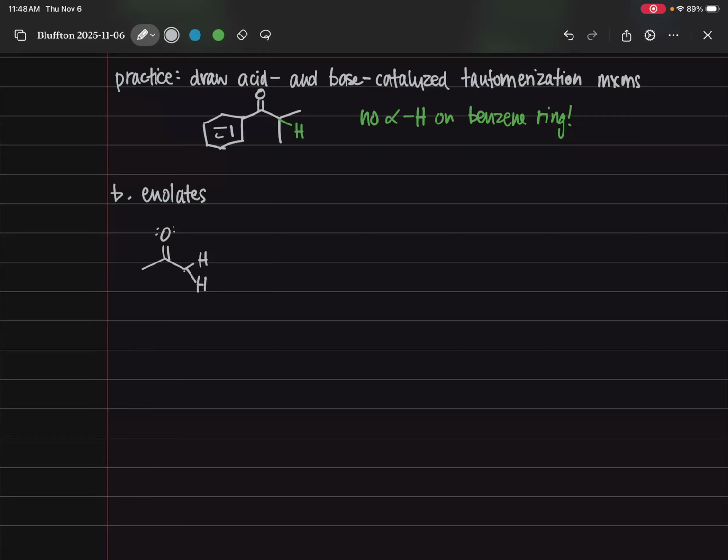If we take acetone again with its alpha hydrogens, and we treat it with a strong base, something that's stronger than sodium hydroxide, that should be an equilibrium. We do the same reaction.